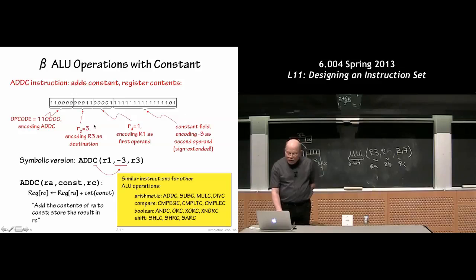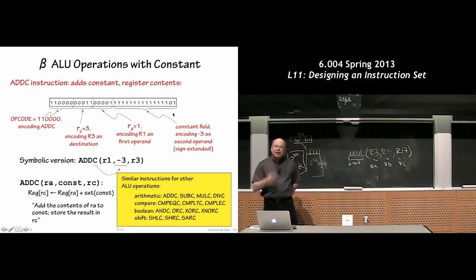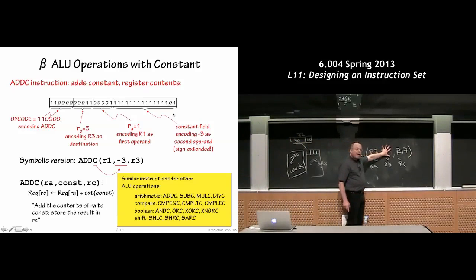This uses the second format of instruction. So there's a bit in our opcode encoding that tells us we want to use a different format, which means the second operand is actually encoded as a 16-bit constant in the instruction itself. So instead of the second operand being from a register, it is a 16-bit number that is part of the instruction. Now we need a 32-bit operand.